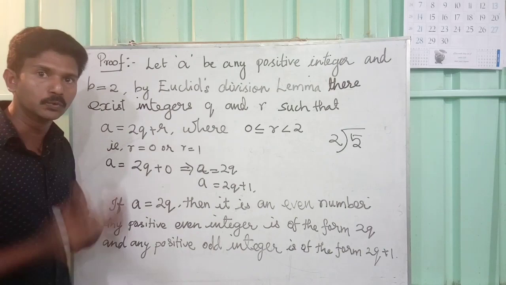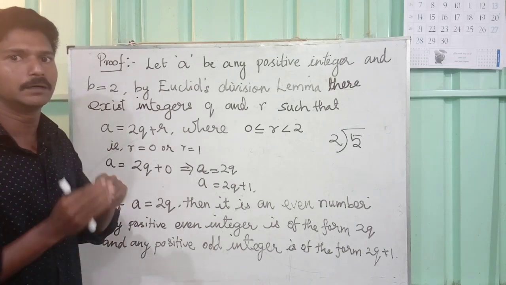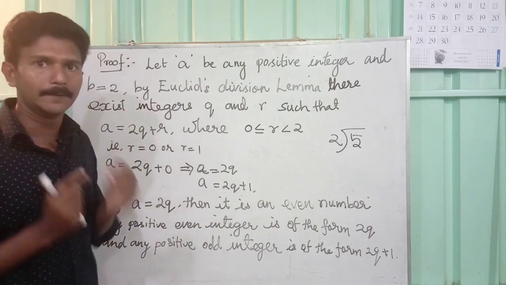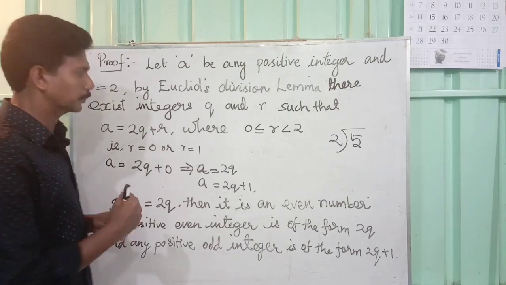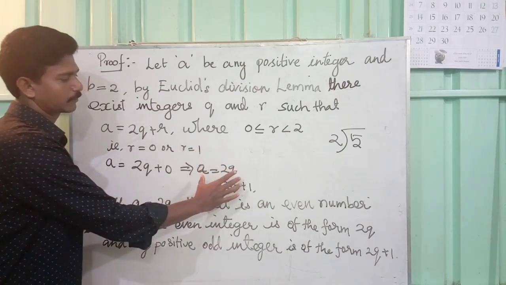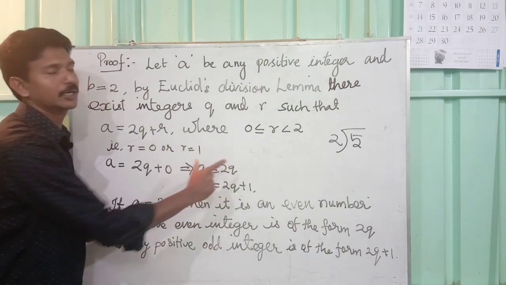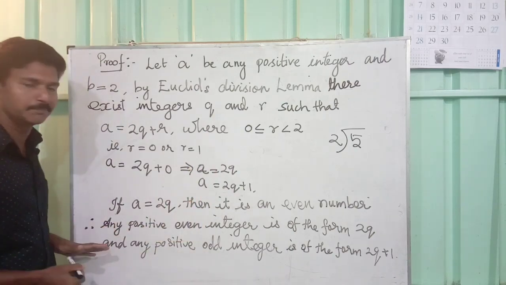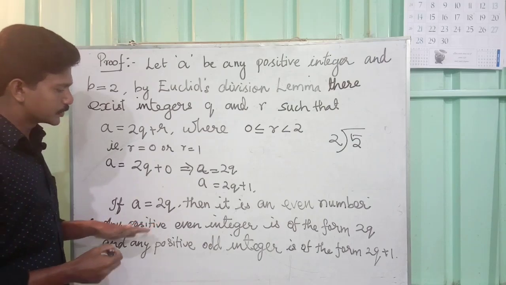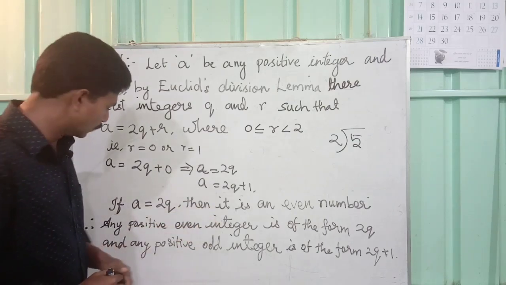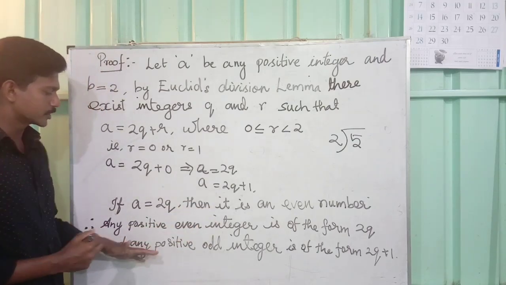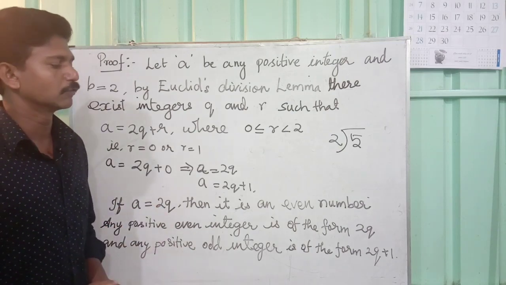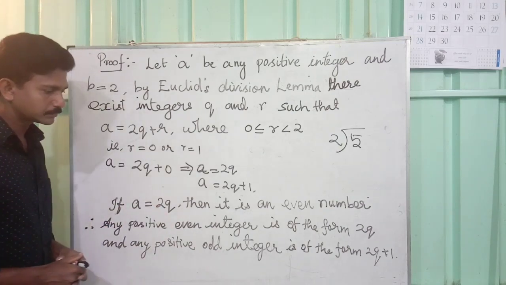So we have proved this by Euclid's division lemma. Using that only, we proved the form of an even number and an odd number. Finally, we can write that every positive even integer is of the form 2q, and every positive odd integer is of the form 2q plus 1.